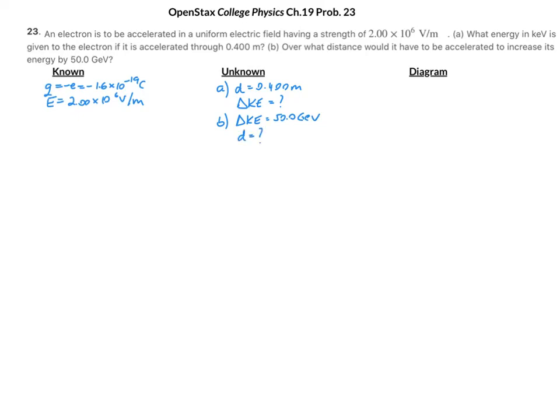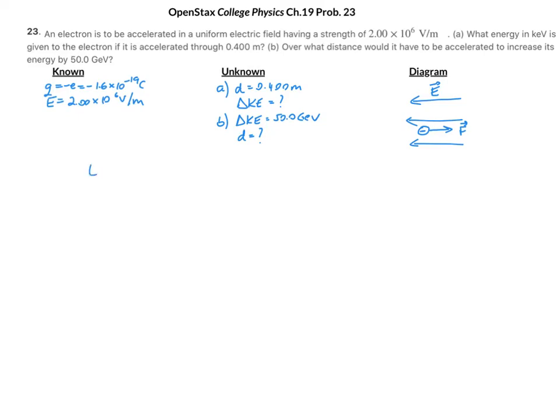So as a diagram, if we have an electric field in this direction and we place a negative charge, an electron, in the electric field, then the electron will be experiencing a force in this direction and it will be accelerated due to this force. So we know that there is an electric potential energy that the electron is experiencing here, and that will be converted into kinetic energy.